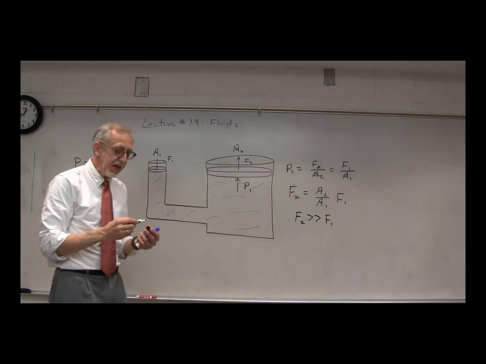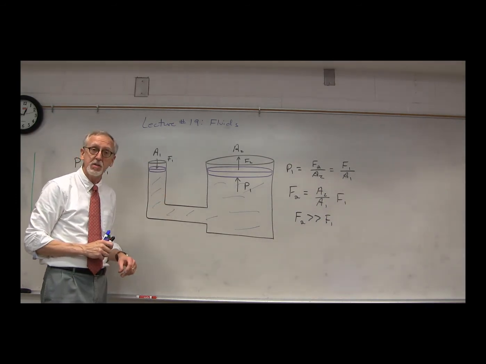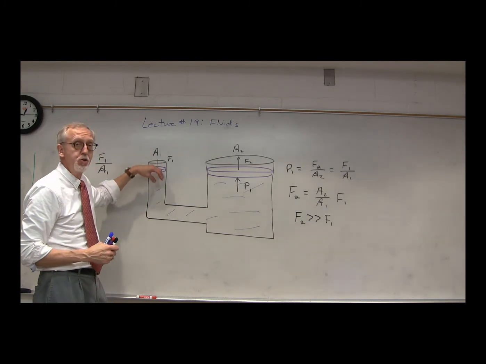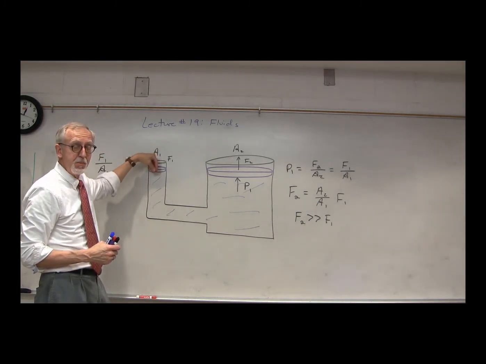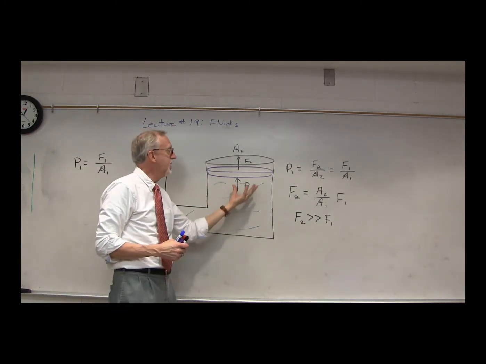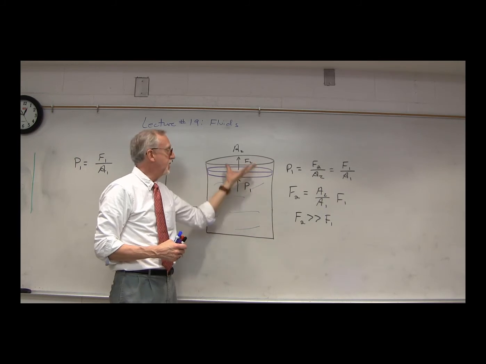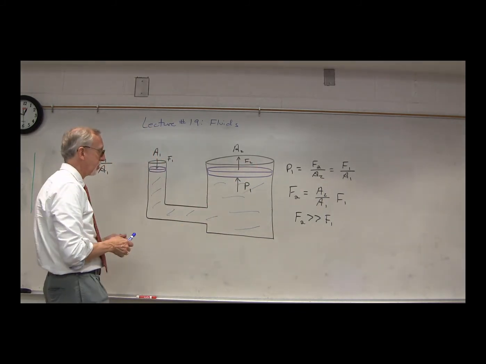This is a way of increasing applied forces to get a much larger force. So we might have a small tube over here with some pump pushing on the fluid over here, which will actually increase the amount of force being exerted over here. Well, this is the area of hydraulics.